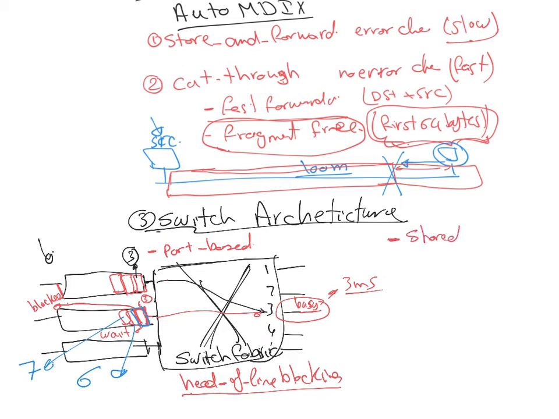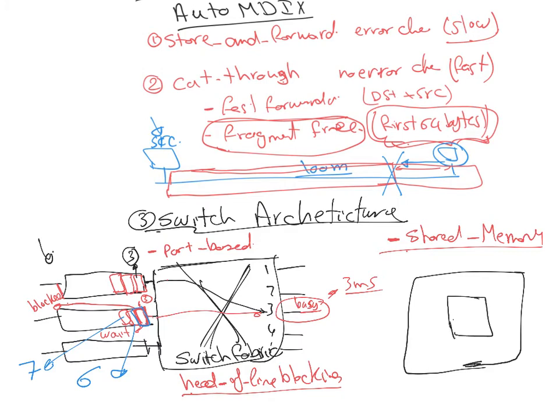shared memory architecture. In shared memory architecture we don't have queues. What we have is that the switch fabric itself has built-in RAM. As we all know, RAM is random access memory, so there is no first in, first out.